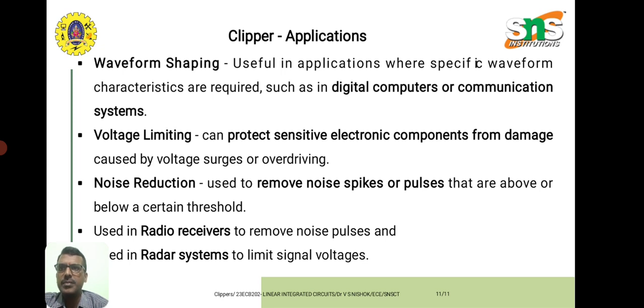Voltage limiting can protect sensitive electronic components from damage caused by voltage surges or overdriving. Noise reduction is used to reduce noise spikes or pulses that are above or below a certain threshold, and it is also used in radio receivers to remove noise pulses and in radar systems to limit signal voltages. So these are the several applications of the clipper circuit.